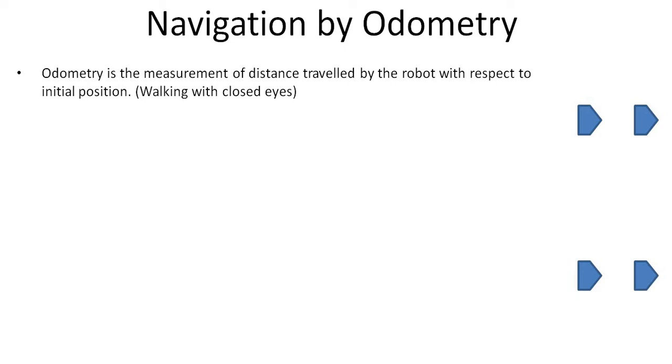The same thing is for robots. Robots can also tell, just by counting the number of steps they have taken, roughly or inaccurately how much distance they have traveled. So this process is called odometry.